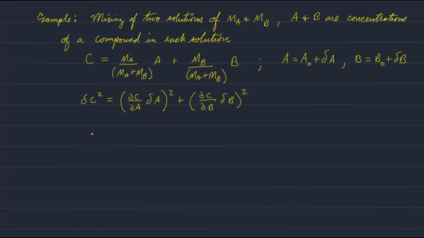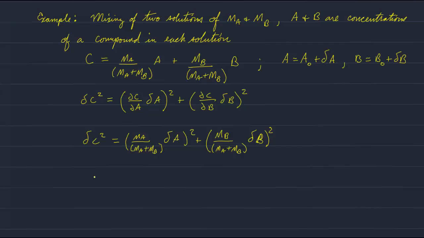And therefore, the square of the uncertainty, which in this case might be the variance, is m sub A over the total mass times delta A squared, plus the mass fraction of the second solution times the uncertainty of the concentration of the second solution, delta B squared.